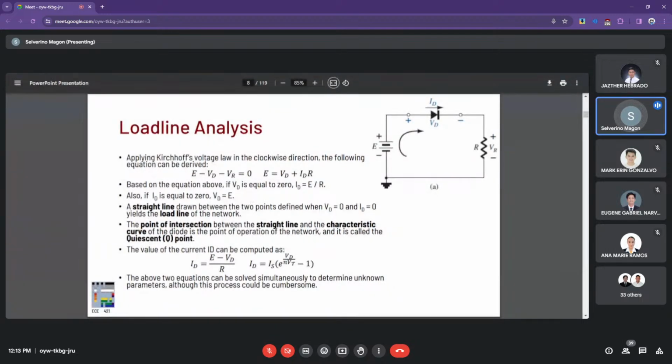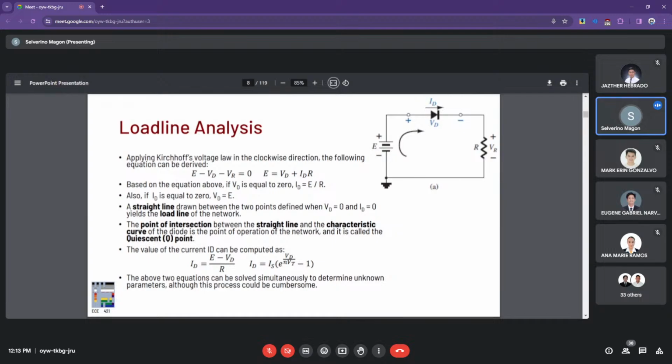Based on this equation, if the current is zero, therefore the voltage across the diode is equal to the supply value itself.